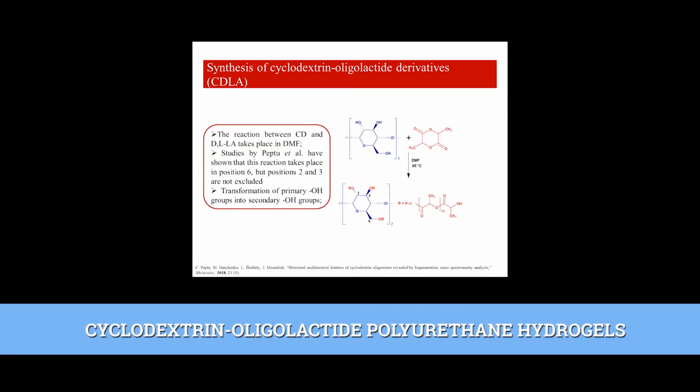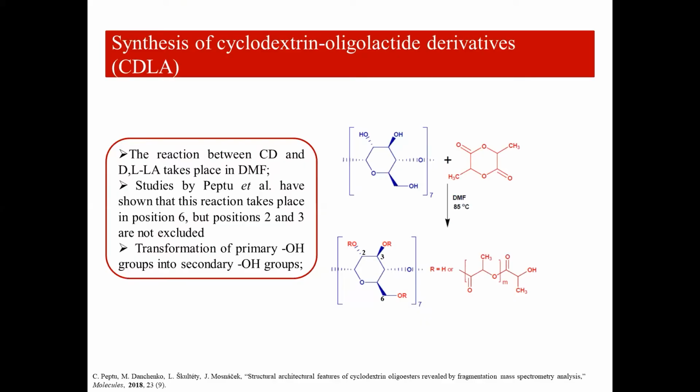The synthesis of lactide-modified cyclodextrin was performed according to a published procedure. The ring opening polymerization of lactide was performed in dimethylformamide solution in the presence of beta-cyclodextrin.